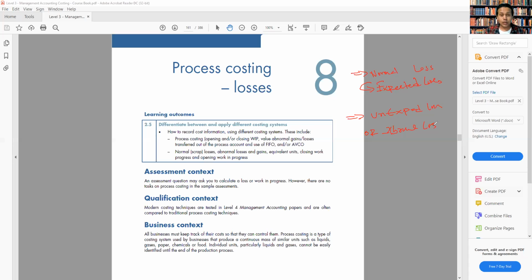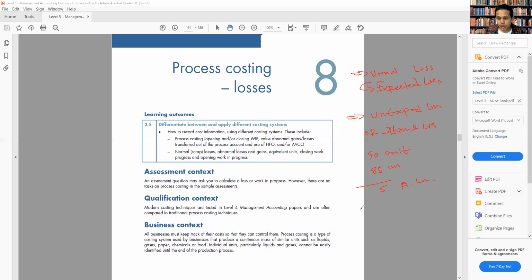But the actual output is less than that, less than 95%. It is 90% or maybe 94%. So when my actual output is less than the expectation, that is called abnormal loss. For example, if my expectation was 90 units and my output is 85 units, that means abnormal loss is 5 units.